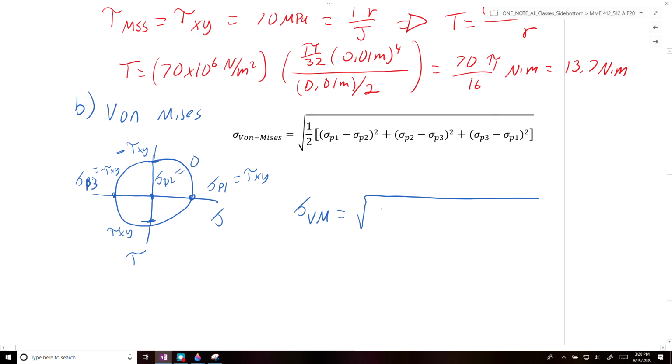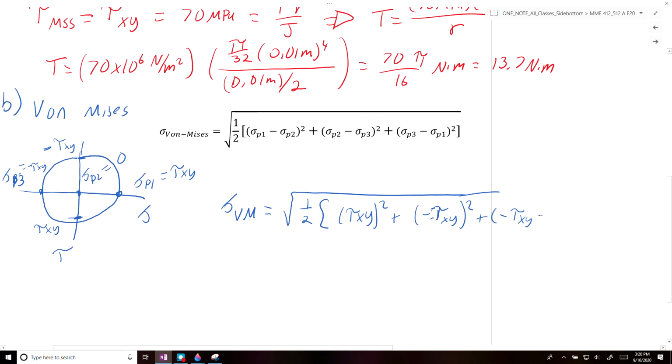We get 1/2 times the quantity sigma p1, which is tau xy, minus sigma p3, which is negative tau xy, squared, plus minus tau xy minus 0 squared, plus 0 minus tau xy squared.